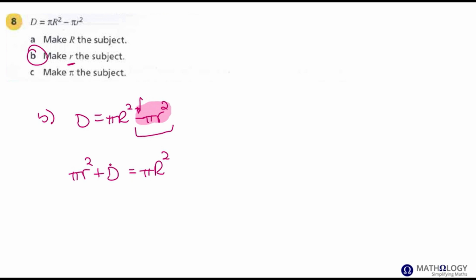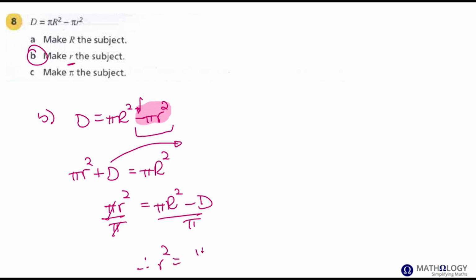Now we can then move plus D over to the right hand side. So we get pi lowercase r squared on its own, and that equals pi uppercase R squared minus D. And now divide both sides by pi, because we're multiplying lowercase r squared by pi. To reverse multiplication, we divide, and therefore r squared equals (pi uppercase R squared minus D) divided by pi.